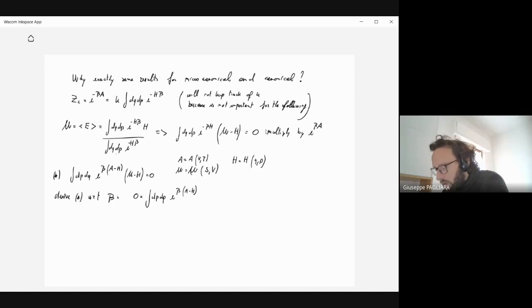Let me see how it is better to do it. Okay, derive the numerator with respect to beta means, okay, derivative of H. Okay, so let me do the following.